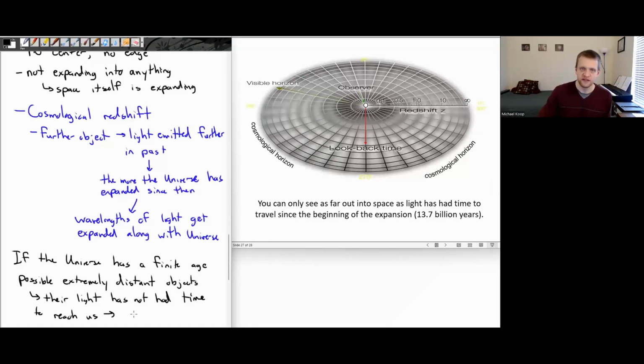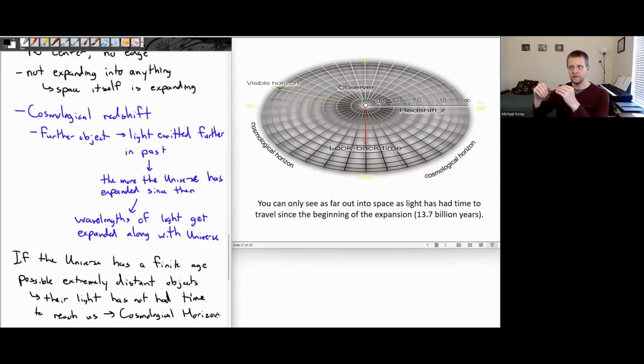And this is what we call the cosmological horizon. There could be much, much more stuff outside of our visible universe. But it's so far away that in the approximately 13.7 or 13.8 billion years that the universe has been around, those objects are so far away that the light they have emitted simply has not had time to reach us.